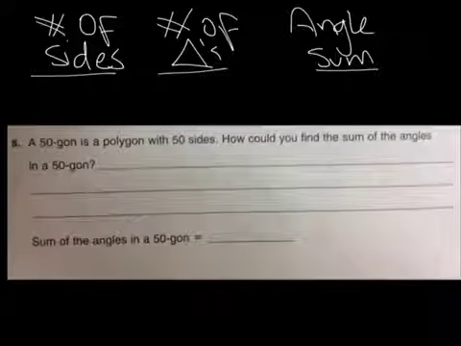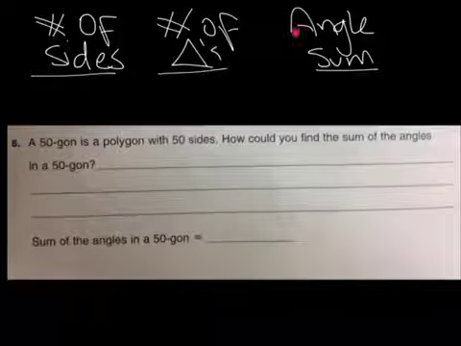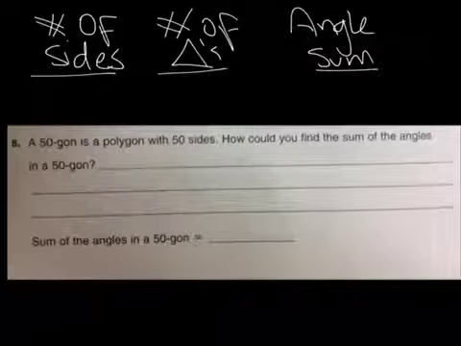For question 5, we read, a 50-gon is a polygon with 50 sides. How could you find the sum of the angles in a 50-gon? Well, we count the number of sides. That'll give us the number of triangles and our angle sum. So we have 50.